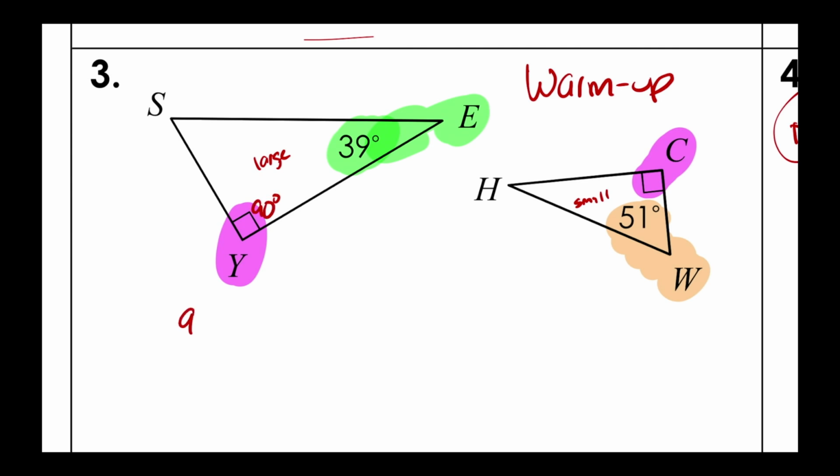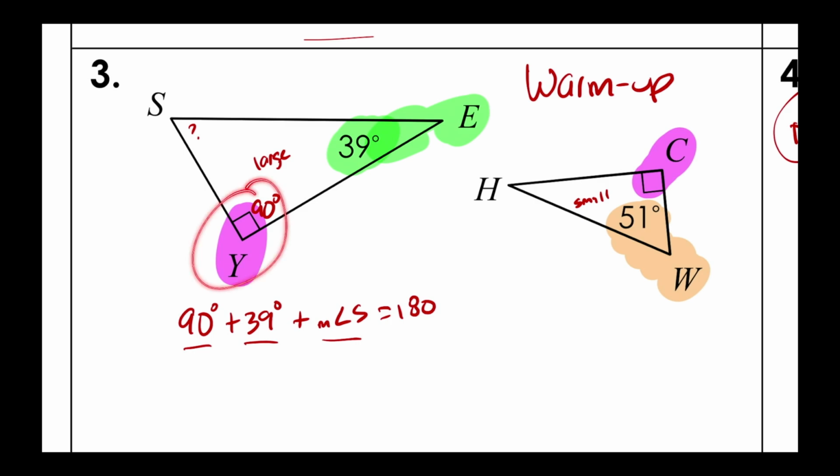That's 39, so 90 degrees plus 39 degrees plus the measure of angle S, which we don't know, should equal 180. So 90 plus 39 is 129 degrees, plus the measure of angle S equals 180 degrees.